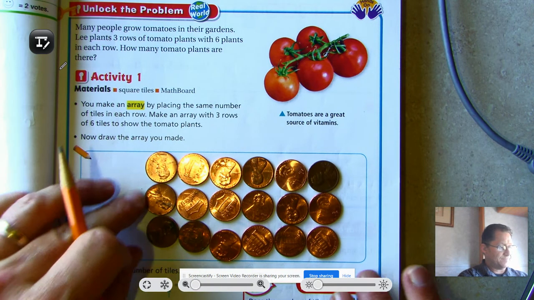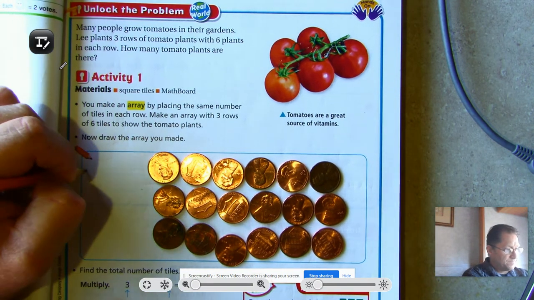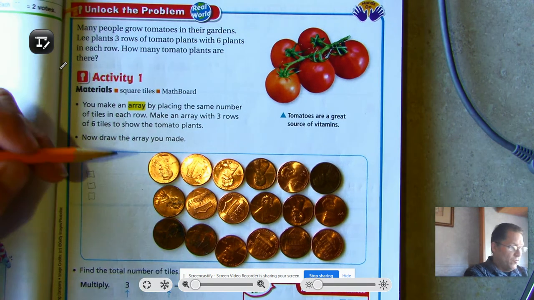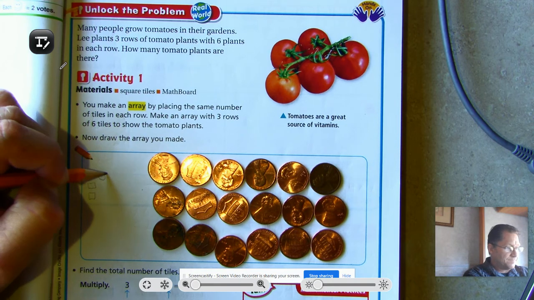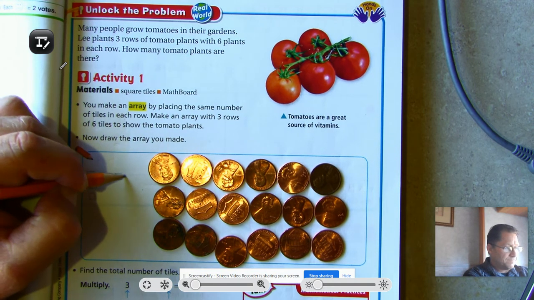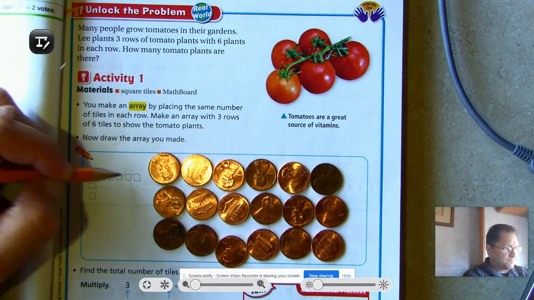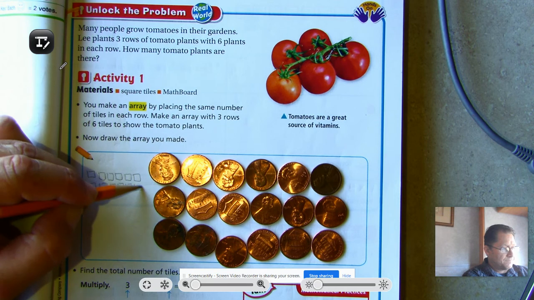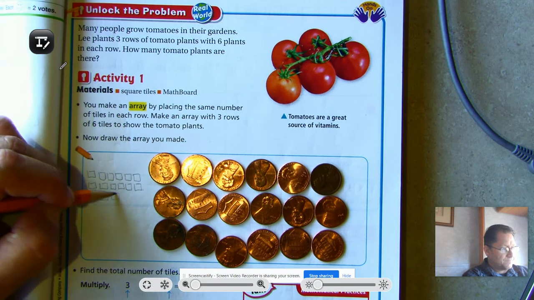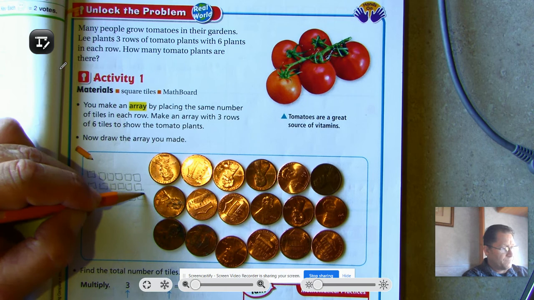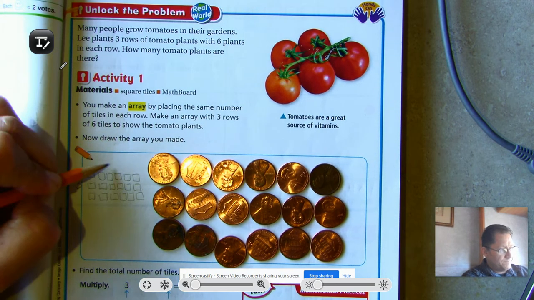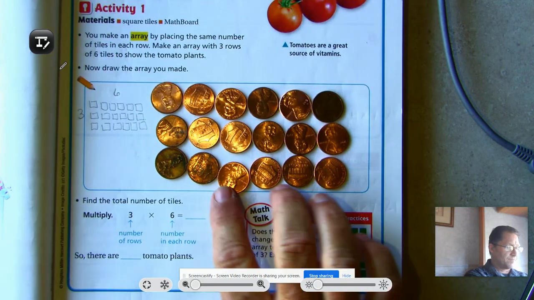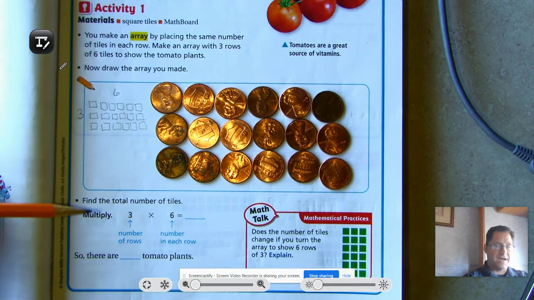I had 3 rows, and in every row we had 6. Three rows, every row has 6.